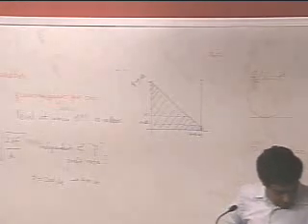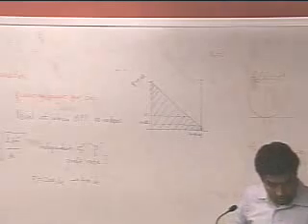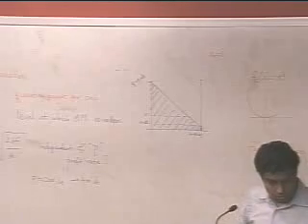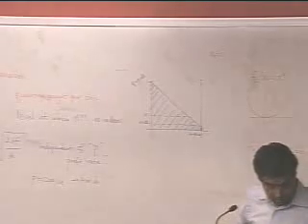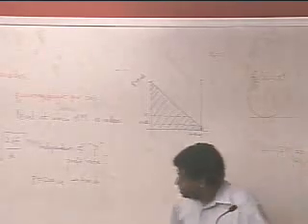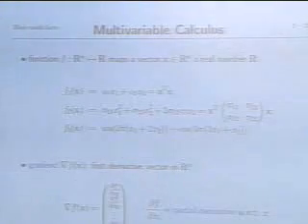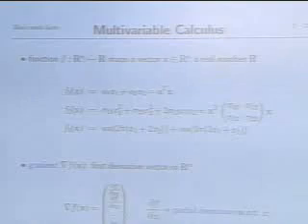So the next topic that we will cover is taking this whole story up to multivariable. Now instead of having a function that goes from a real line to a real line, we'll have a function that takes a vector and maps it to a real number.